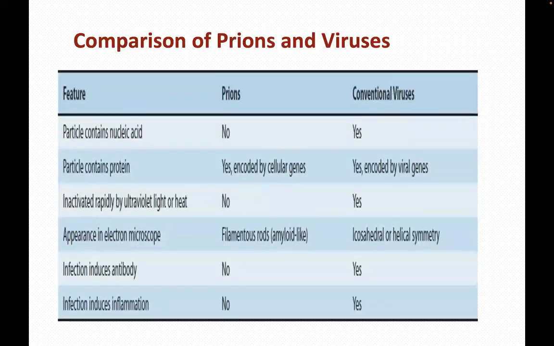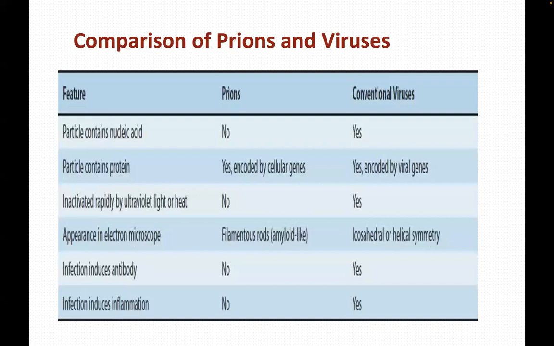So we'll begin by doing a comparison of prions and viruses, and look at some of the similarities and the differences. When you look at whether the particle contains a nucleic acid, RNA or DNA, we see that prions contain neither RNA nor DNA, but conventional viruses do.